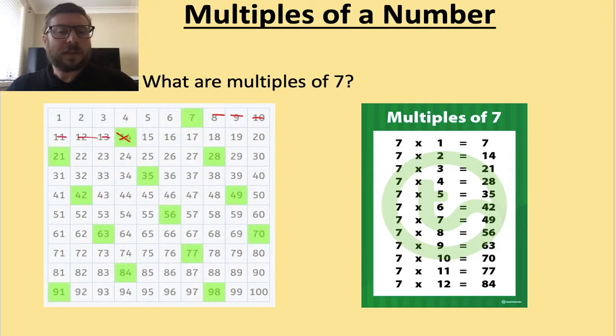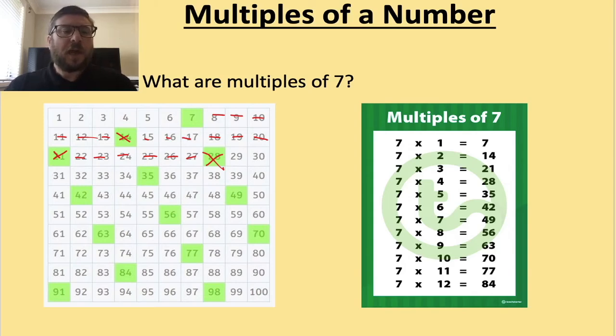Then we can count another 7. 1, 2, 3, 4, 5, 6, 7. We can count up to 21. Then from 21, 1, 2, 3, 4, 5, 6, 7, which brings us to 28. And you can continue to get the multiples all the way up to 100 using a hundreds chart.